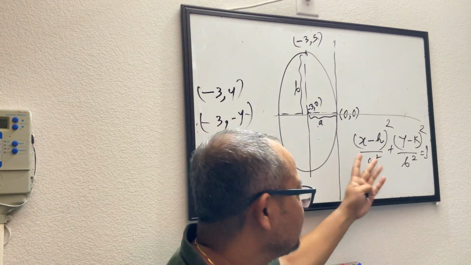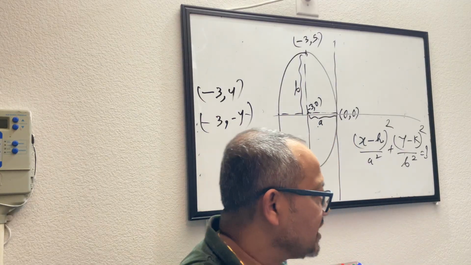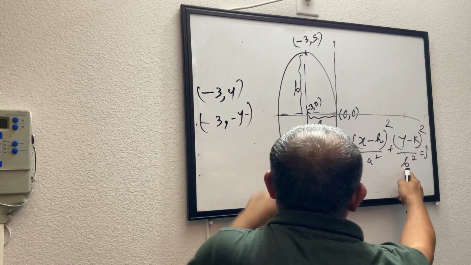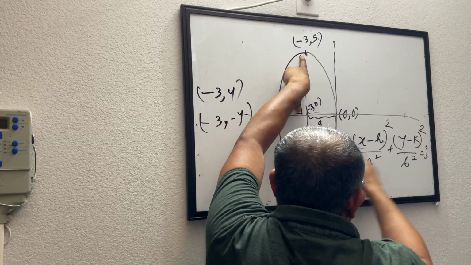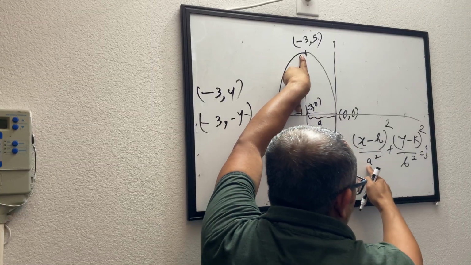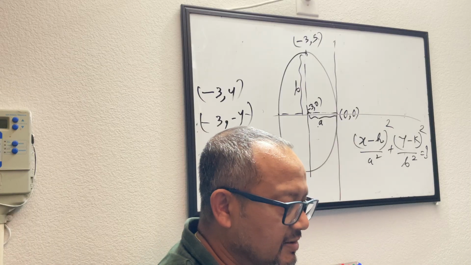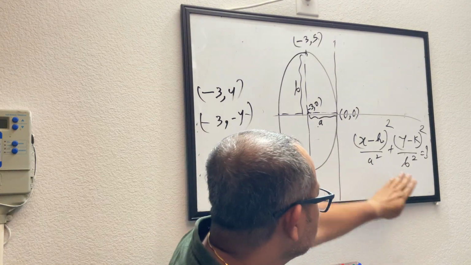I will just say whichever is bigger is my major radius, whichever is smaller, that is my minor radius. If my ellipse is like this, then b is my major radius because that is the radius along the y-axis. If it is horizontal, then this is my major radius. That's fine. Samriddhi, Vishal, Dev, everybody, right? Yeah? So this is my first thing.